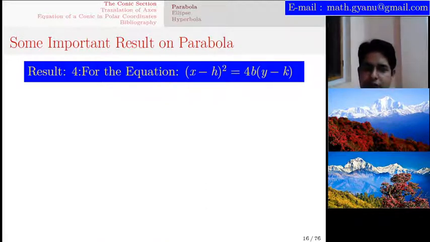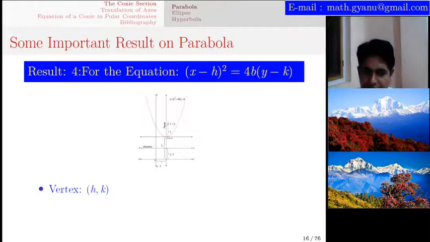Result 4: for the equation (x minus s) whole square equal to 4b times (y minus k), that is another form of parabola. In this case the axis of the parabola will be parallel to the y-axis, and the curve will be either concave upward or concave downward. The graph of this curve is shown on your screen.